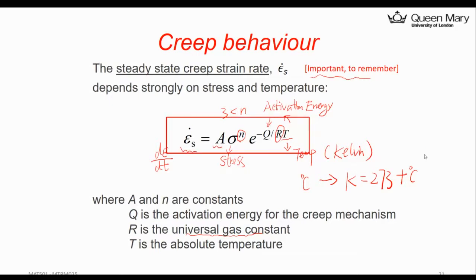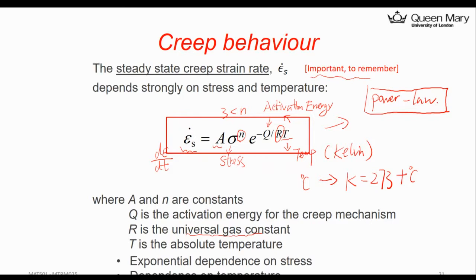And remember this equation, and this will be the most important part in creep. This also has another name because there's a power here, n. So we will talk about the power law later on, okay? So this can be the equation for the power law creep.